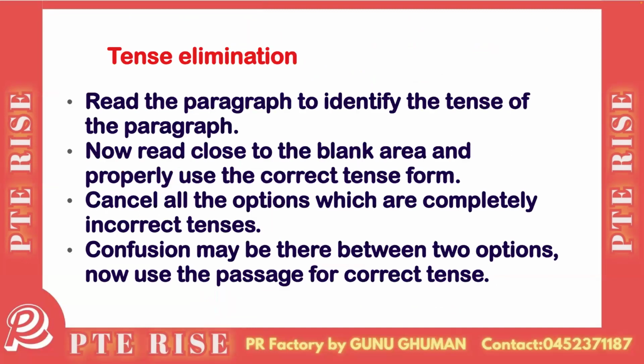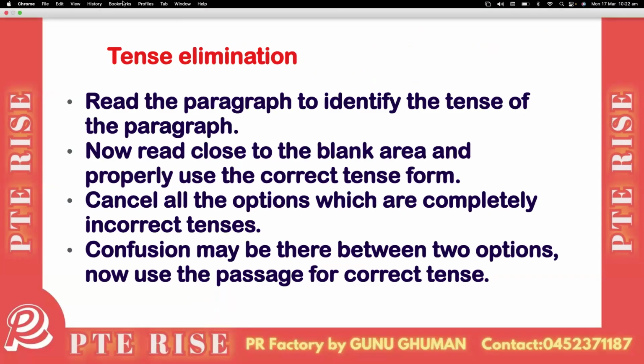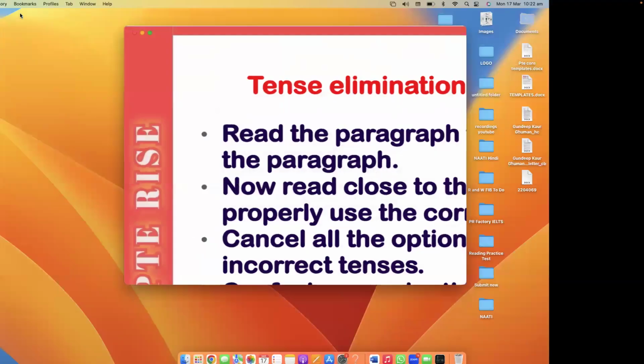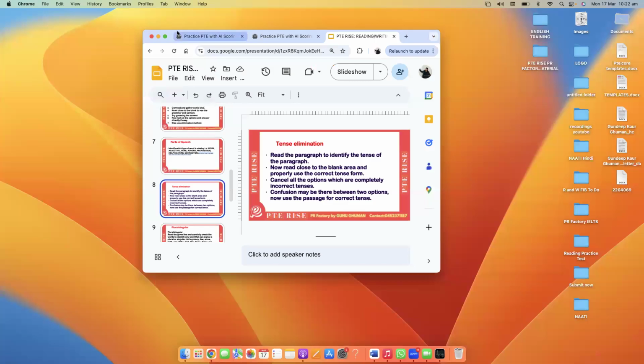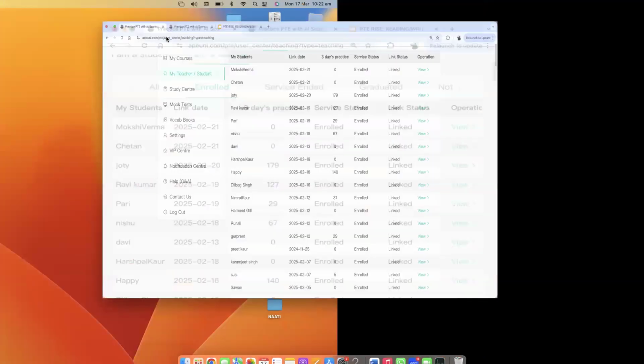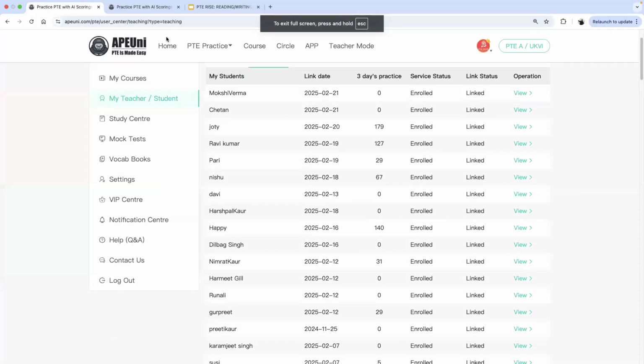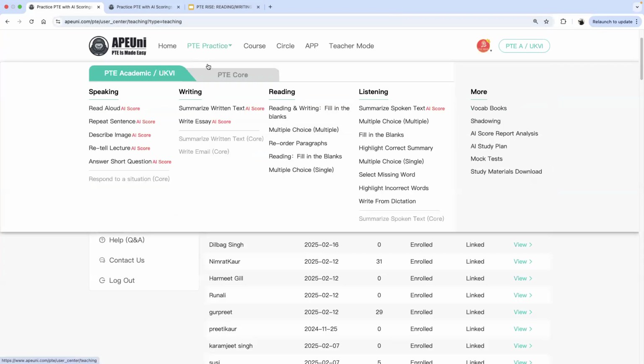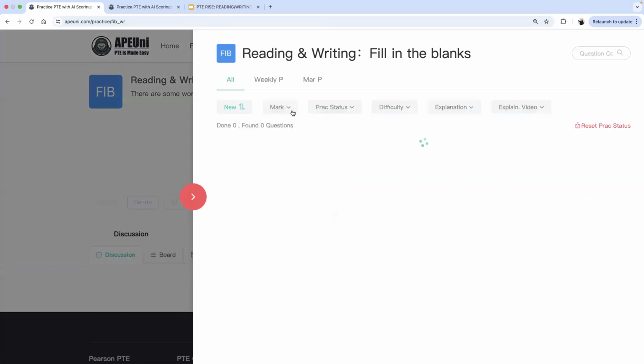Common error. Students do this. So a few elimination methods I have told you. Now that was all theory, and I don't mind saying that only 20% was understood by you. If it's 20%, hats off to you, well done. If not, it's okay. You'll listen to this topic many times in the given week.